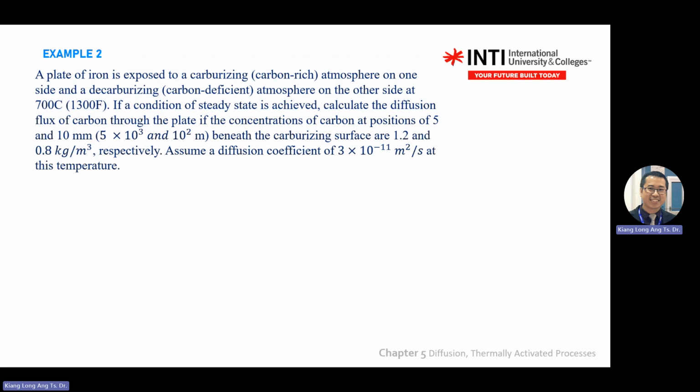You're given concentration. Here, you see 1.2, not percent, kilogram over meter cube. This one, 0.8 kilogram over meter cube.